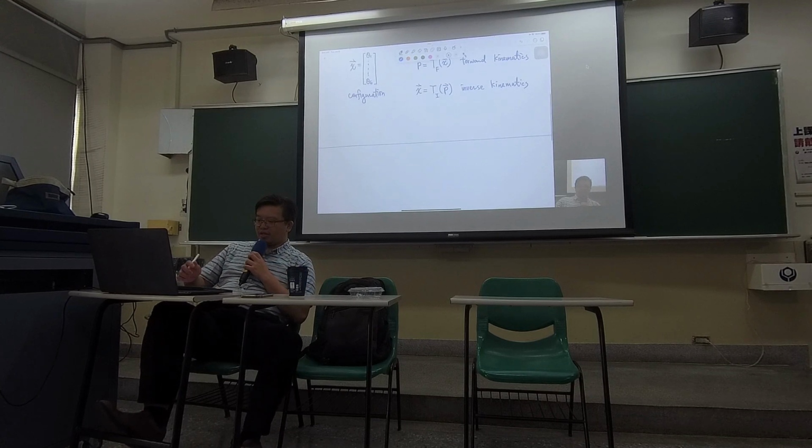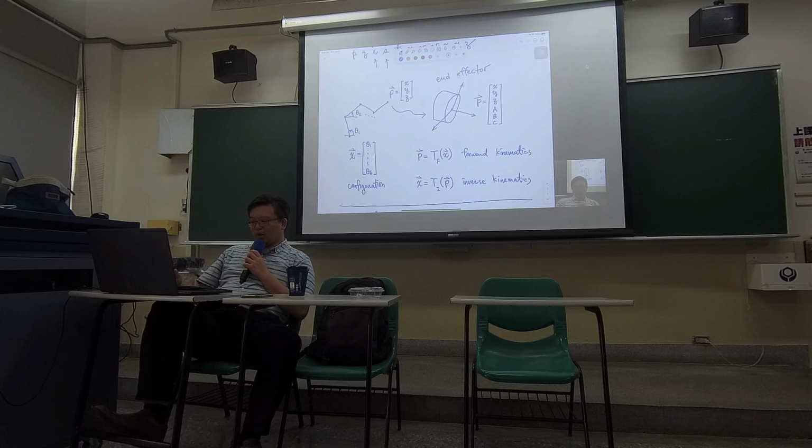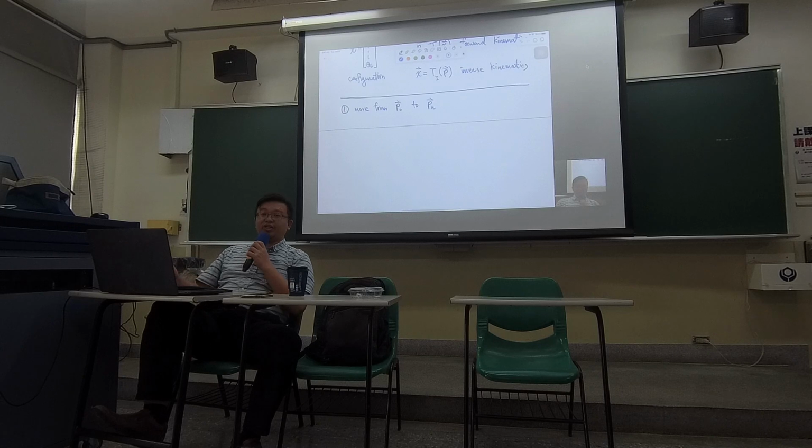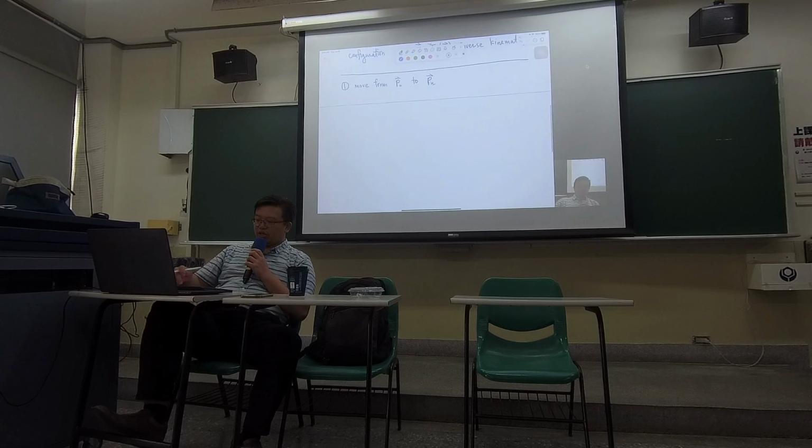So let's say there's one case where we want to move from, since I already use ABC, a P0 point to some Pn point. Okay, so in the design space, let's say this is the so-called P0 point.